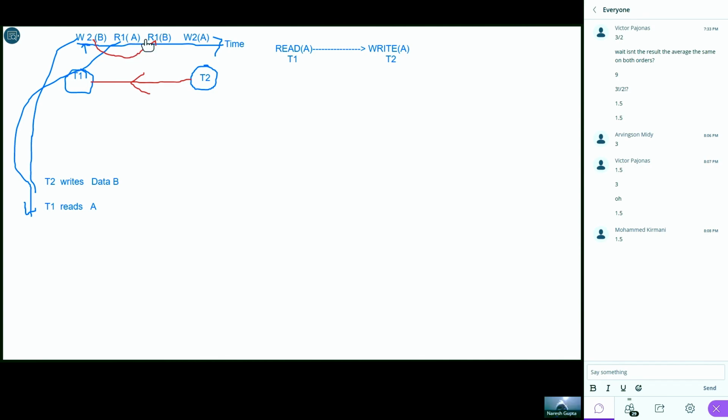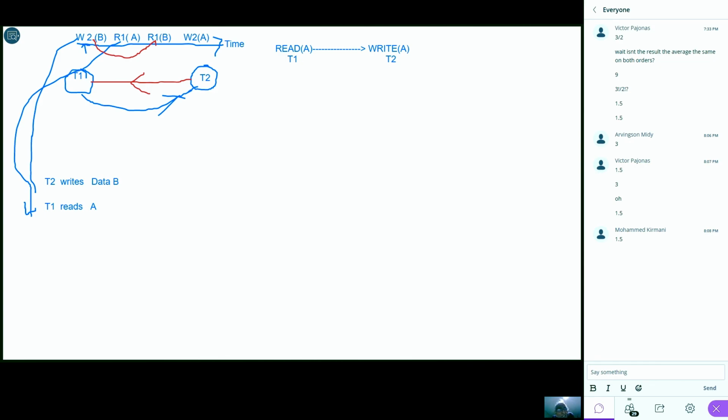Okay, this is reading A and this is writing A. So that tells us that transaction 1 has to come before transaction 2.